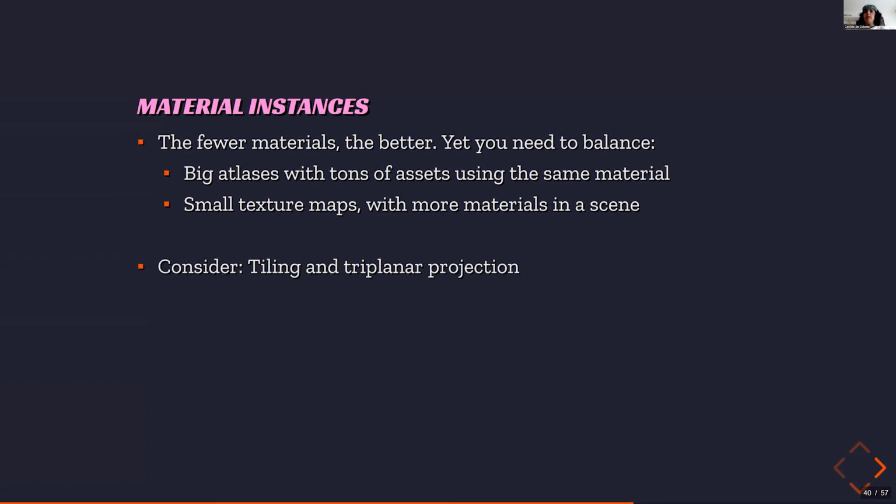Consider tiling and triplanar projection. If you don't know what triplanar projection is: instead of using the UVs, you are just saying, project this texture from above, from one side, and from front or behind. So 3 planes are put together on the object. It's very useful for walls and floors.